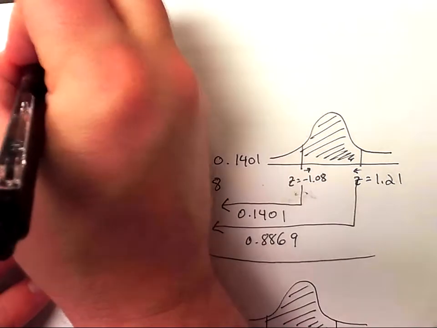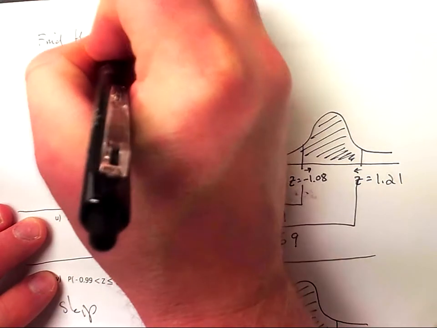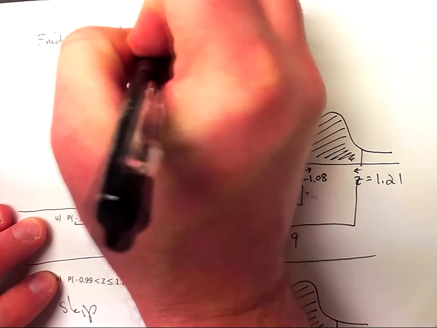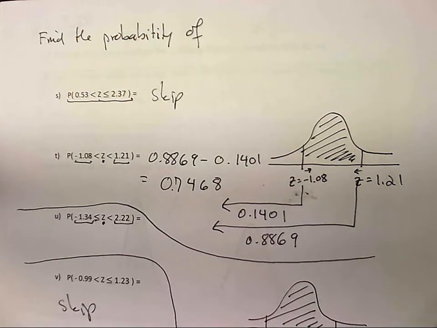We could say, hey, find the probability of, right? We know that has to be in there. Why do we know that has to be in our word problem? Because we have P in parentheses, right? And that is probability of.